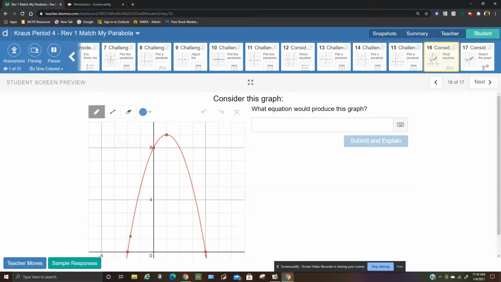All right, so this one, I'm going to use the vertex form here. So x minus 1 squared plus 9. And if I go over 1, 2, 3, it should go down 9.